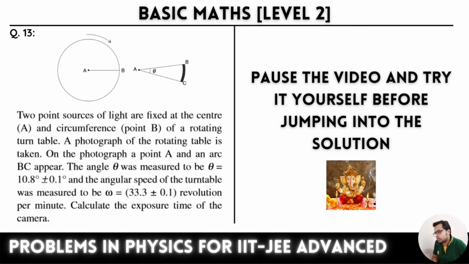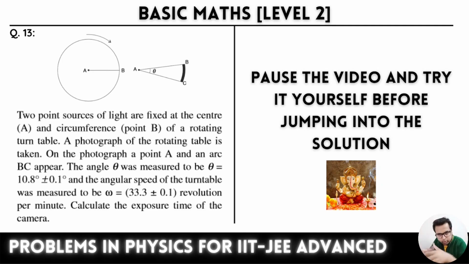Two point sources of light are fixed at the center A and circumference point B of a rotating turntable. So there is a rotating table, and at point A and point B we fix light sources. Light is emitting from there, and the table is rotating. A photograph of the rotating table is taken.